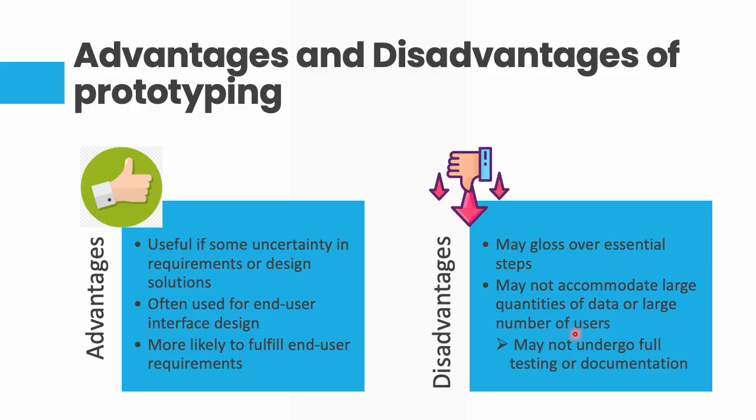Since the goal is speed, prototyping might skip some important steps like full testing or complete documentation, and this can cause problems later if the system is not truly checked. Sometimes the focus is so much on making the prototype look good that essential parts, like security or data management, are overlooked.